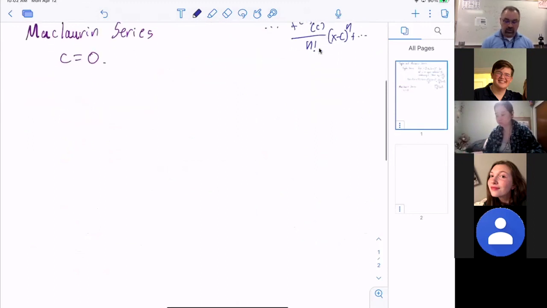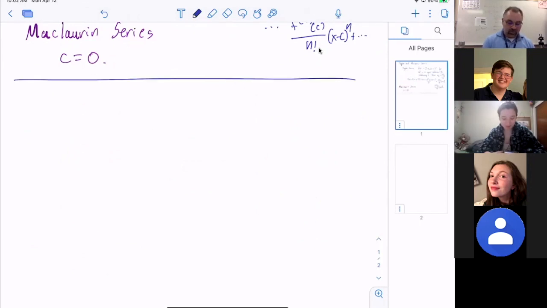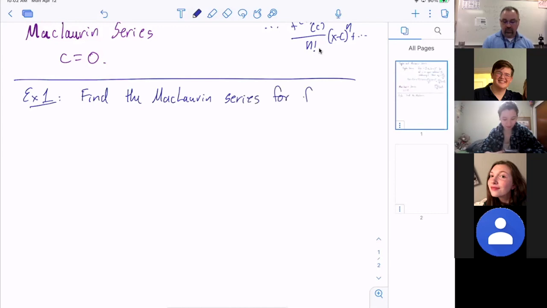So let's start with a nice example here. It's example 1, and it's just about finding a Maclaurin series for sine of x. Find the Maclaurin series for f of x equaling sine of x.